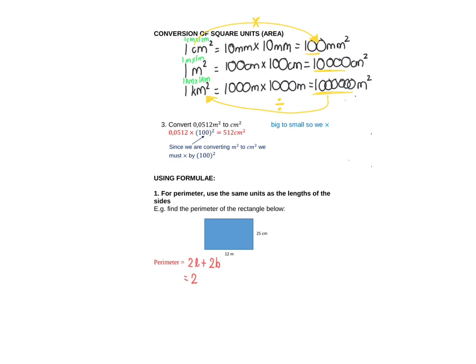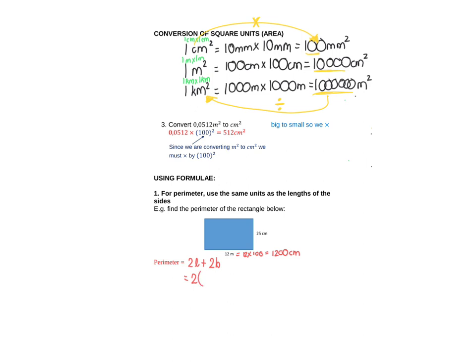So I'm going to convert the 12 meters into centimeters. Remember, in 1 meter we have 100 centimeters. So 12 times 100 gives you 1,200 centimeters.